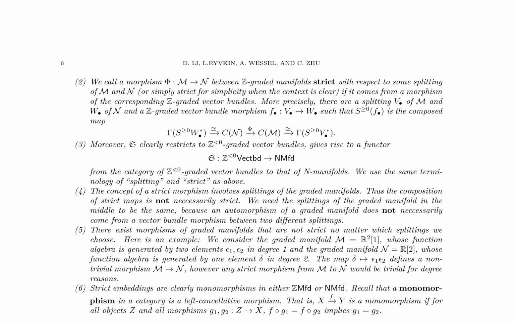In the context of Z-graded manifolds, a strict morphism is defined as a morphism that arises from a morphism of the corresponding Z-graded vector bundles.